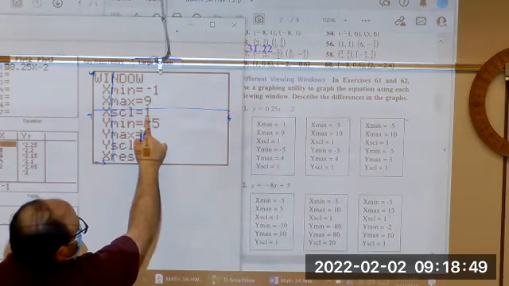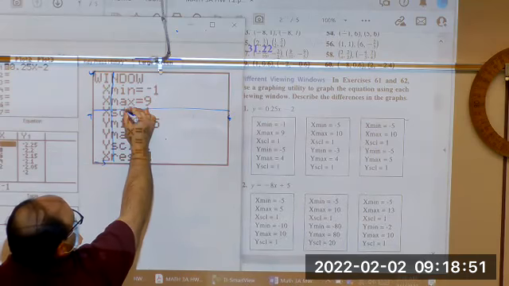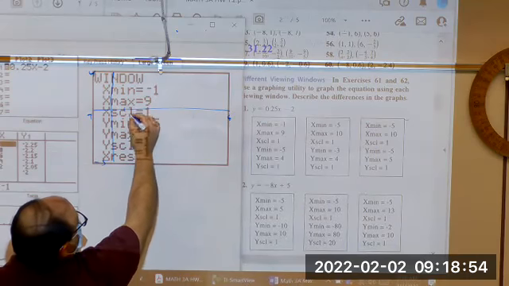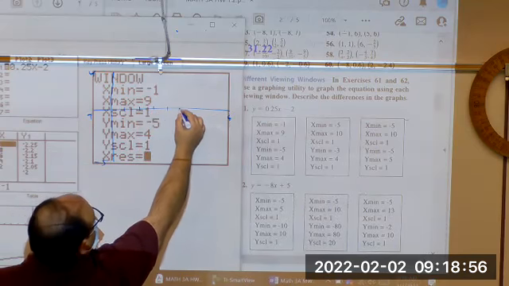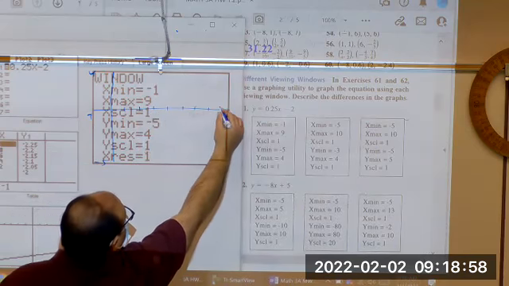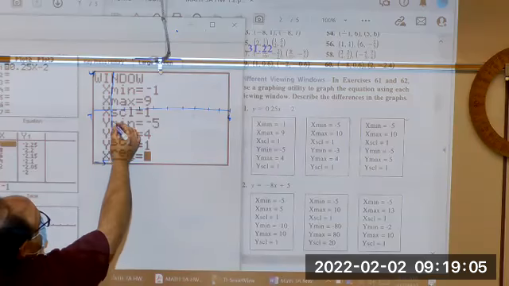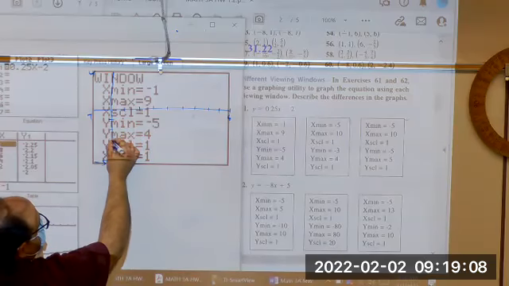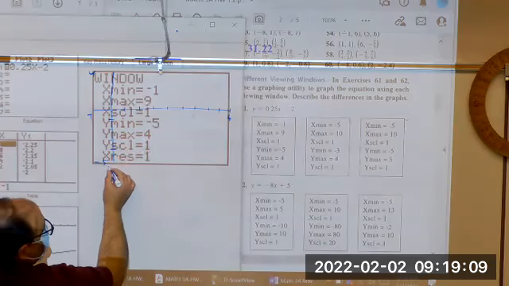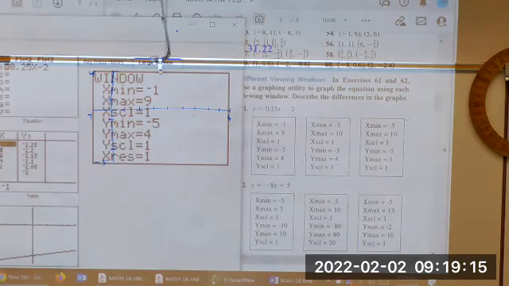The X scale means it's going to put a little notch at every 1 unit. So 1, 2, 3, 4, 5, 6, 7, 8, and then 9. And on the Y scale, it's going to be a little notch every 1 unit. So -1, -2, -3, -4, then -5, +1, +2, +3, +4. That's what it's going to show you in the window when you set the window to those units.